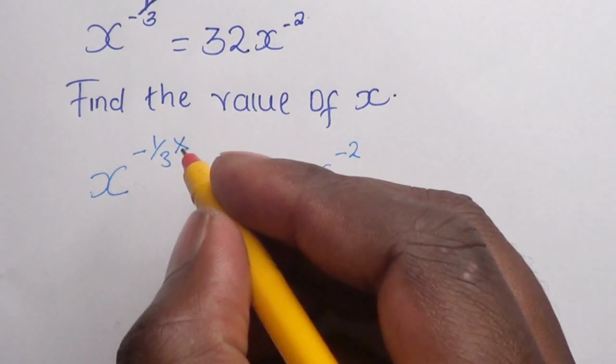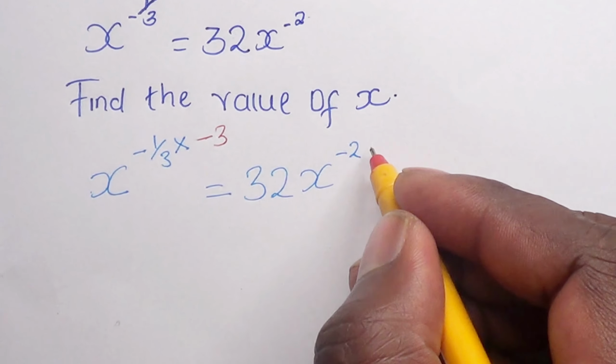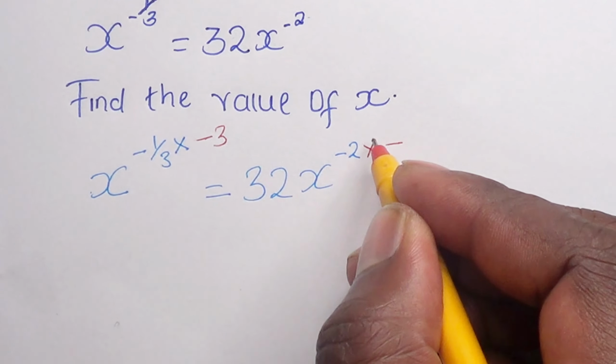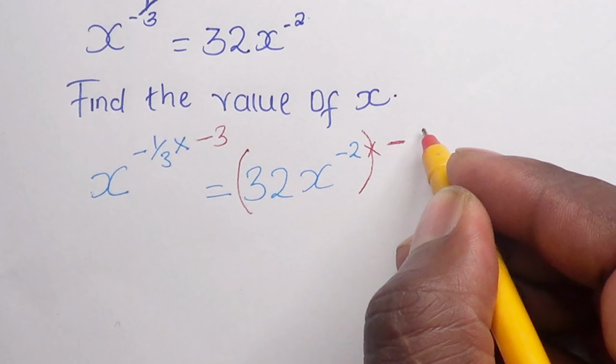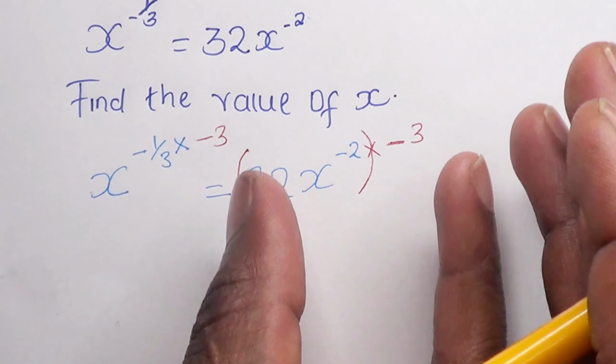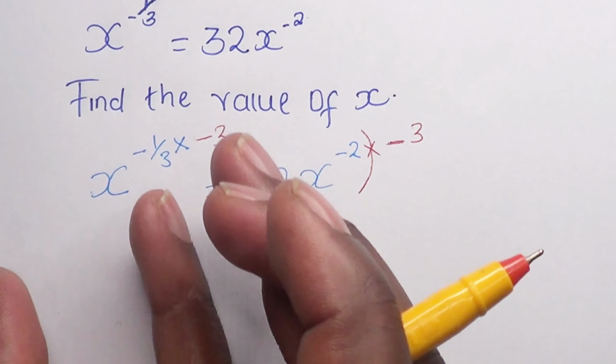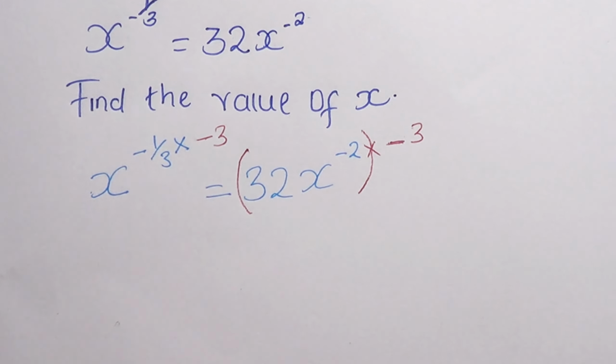I will multiply everything on the right hand side and also on the left hand side by negative 3.